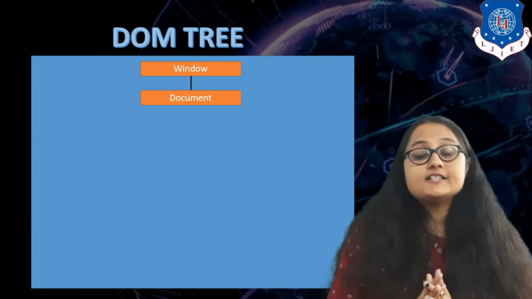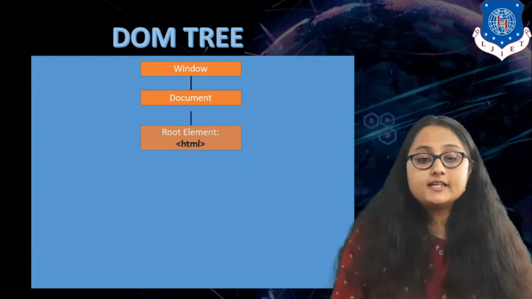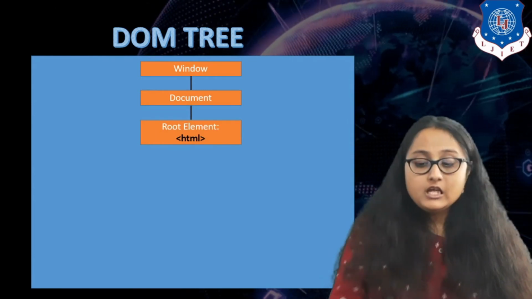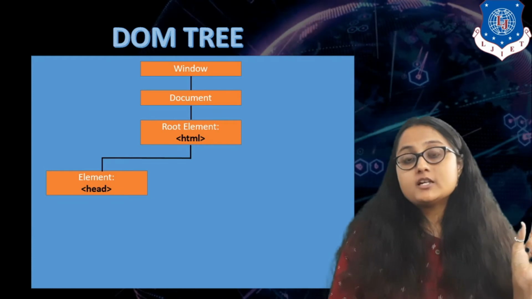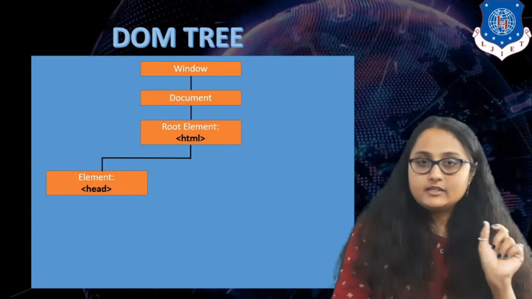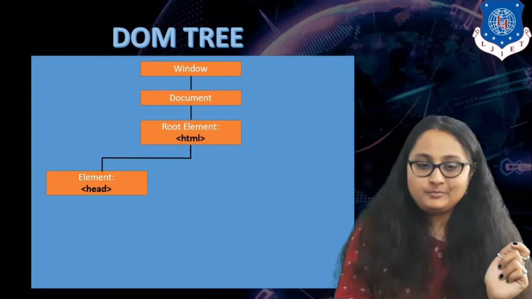Now, inside this HTML document, you know that in the previous code, the first thing was the root element, HTML. In HTML, you had the head portion. So head is basically your element, right? That is not the root element of your HTML document, but it is just an element.